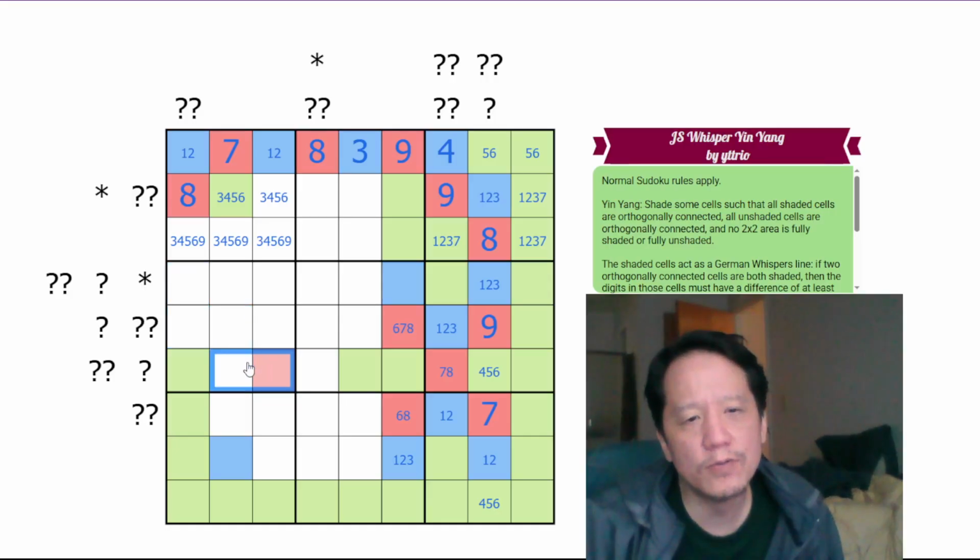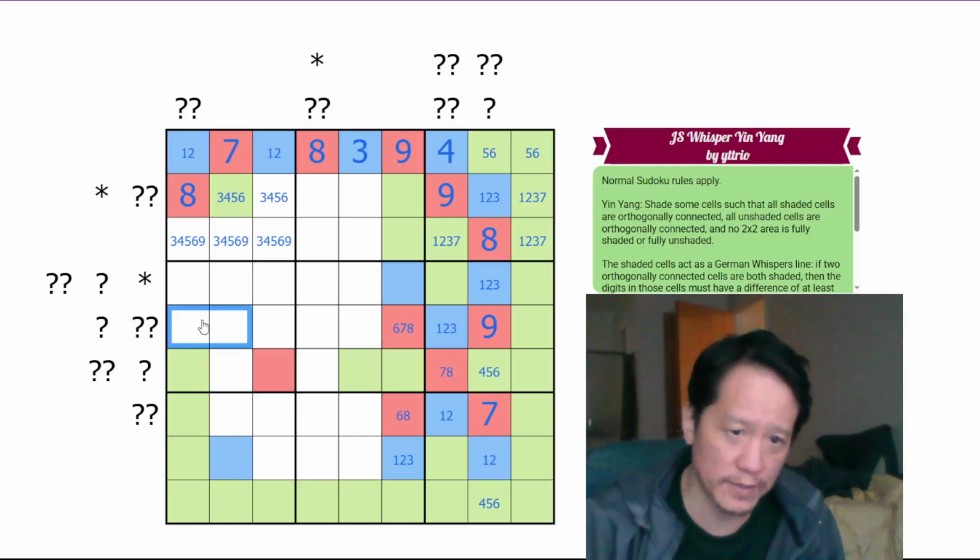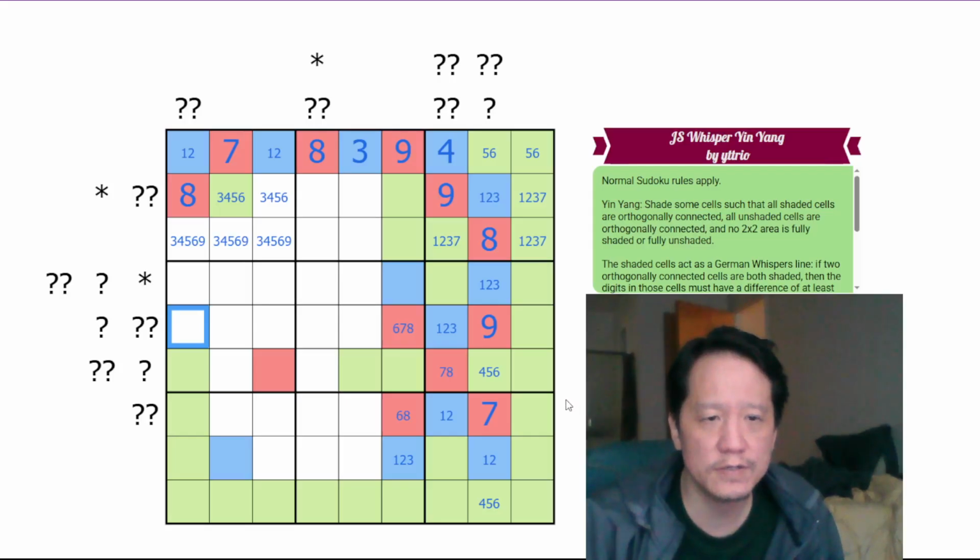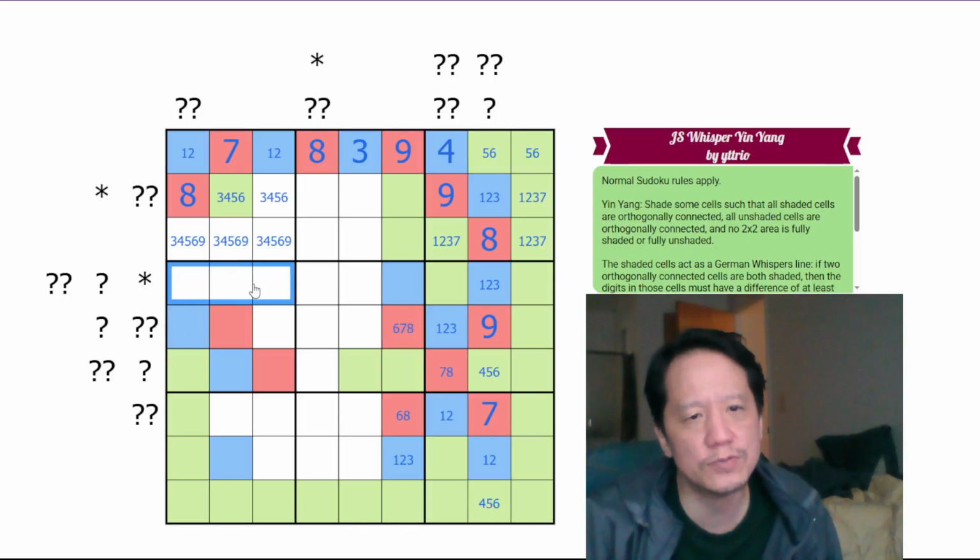Oh. Well, okay, so what happens if we try to make this shaded? So then this would be red, blue, right? That would be red. This would have to be blue, but this would have to have a shading of 2. Well, not necessarily.